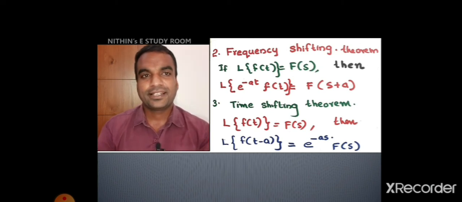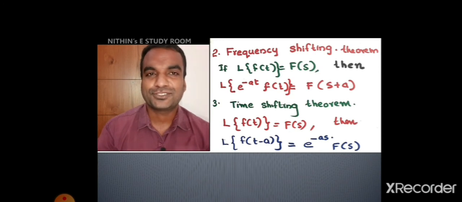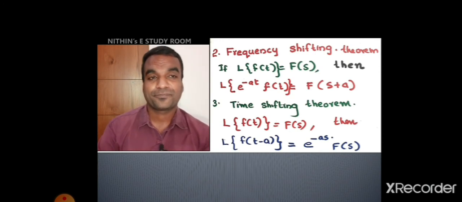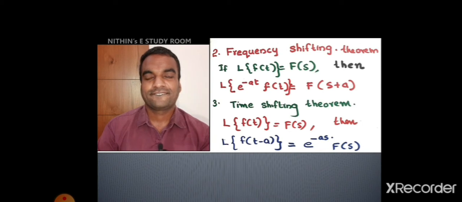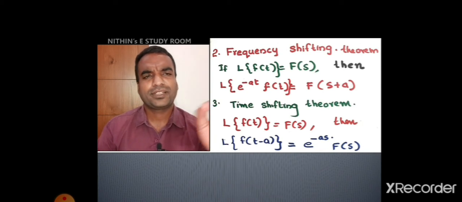Okay. Then I am asking you what may be e raised to minus 2t into 1. Laplace transform of e raised to minus 2t into 1. Please do it on paper if you are having some confusion.